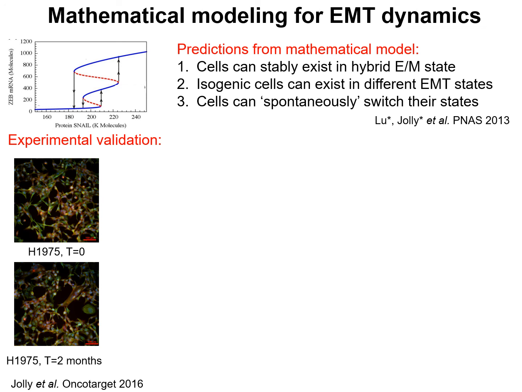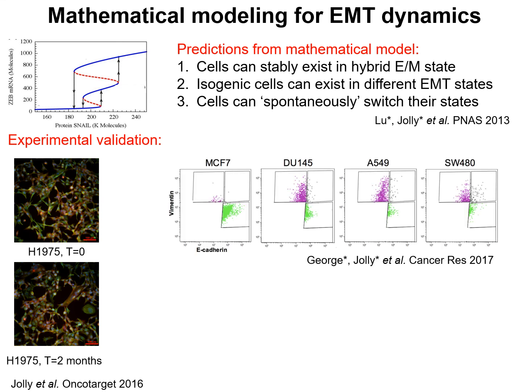And since we said that this can be a stable state, we continued to grow these cells in the lab and then observed whether this phenomenon was constantly seen, which at least in these particular cells it was. Now, further experiments were done in different cell lines belonging to breast cancer, prostate cancer, lung cancer, and colorectal cancer, where each of the cells was probed for the presence of the same molecules that I was just talking to you about.